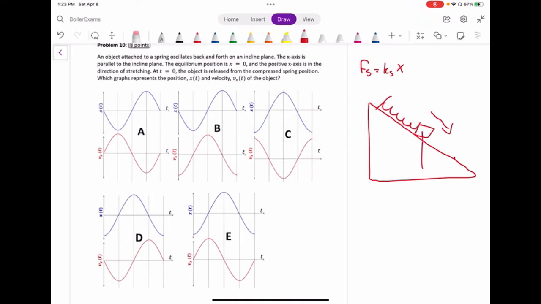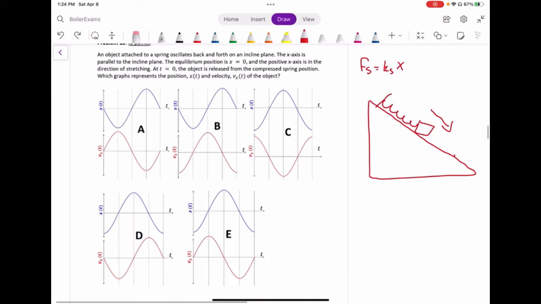The only forces acting initially on the block are going to be gravity and the normal force. Therefore, I know initially it's got to move to the right. It's going to have to accelerate to the right. So let's see, we're looking at graphs here.